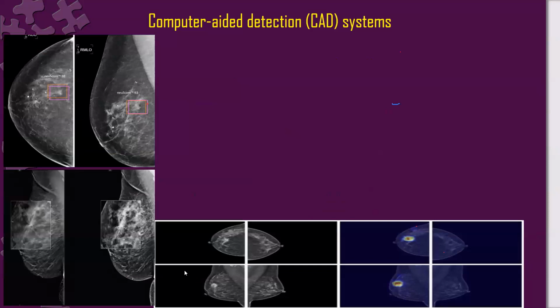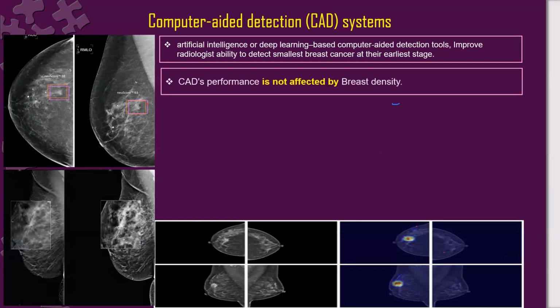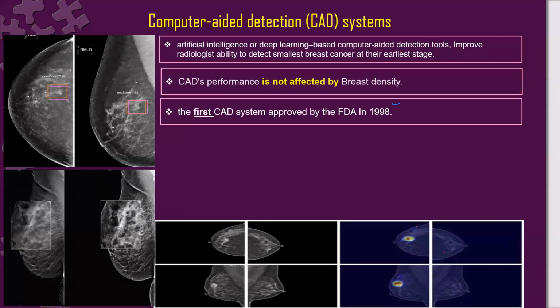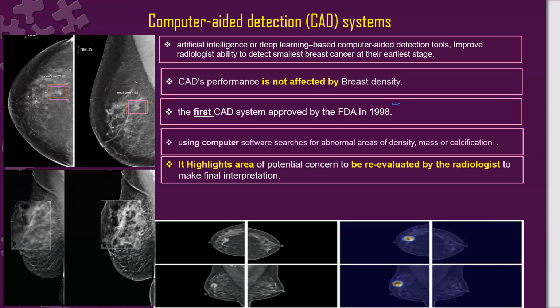Some of these limitations can be overcome by using artificial intelligence and deep learning, computer-assisted detection tools, which are not affected by tissue density and were approved by the FDA in 1998. Using computer software, you can pick asymmetry, mass, or calcification.